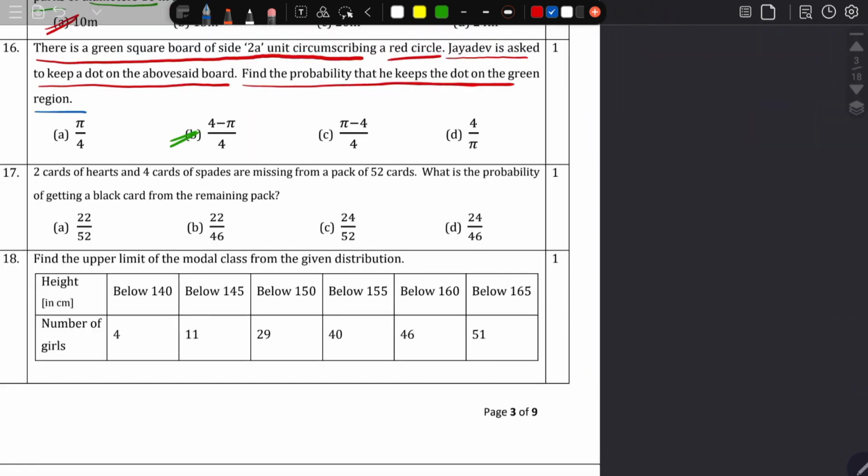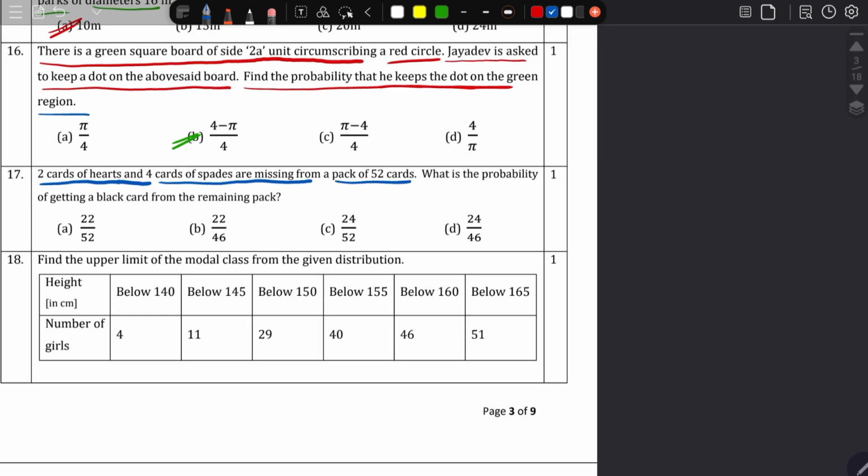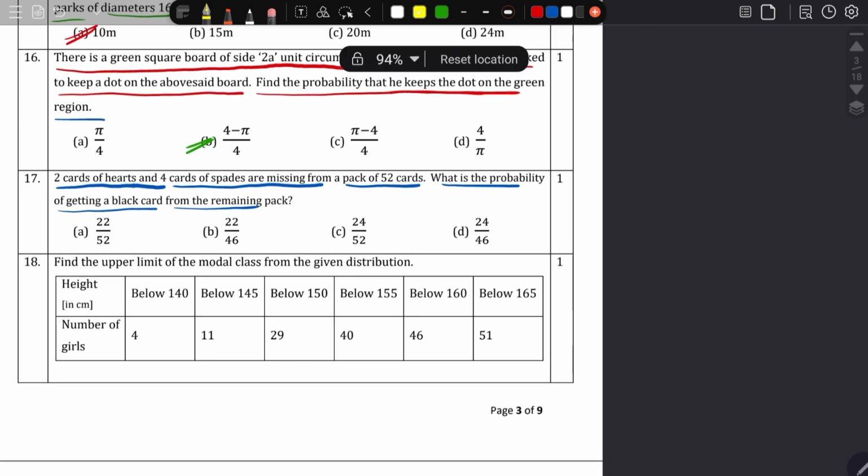17th question. 2 cards of hearts and 4 cards of spades are missing from the pack of 52 cards. What is the probability of getting a black card from the remaining pack of cards? In a deck of cards, 52 cards are there. In that there are 26 red and 26 black in color.